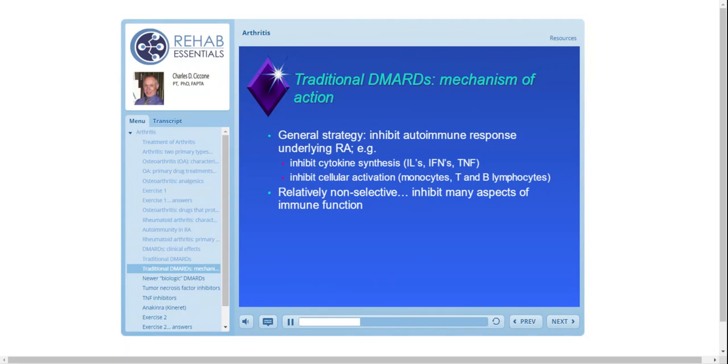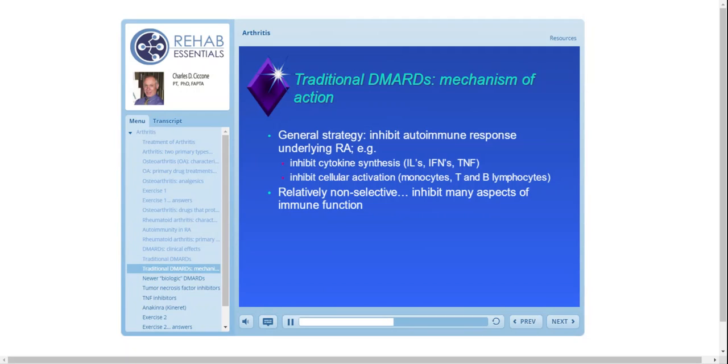And that's the problem, really. They're relatively non-selective. Because they inhibit many aspects of the immune response, we tend to get a blanketing of the entire immune system. Now that's helpful in rheumatoid arthritis, but clearly it's going to open up the patient to more infections and other problems because their immune system is not quite up to par. Obviously, dosage is very important here.